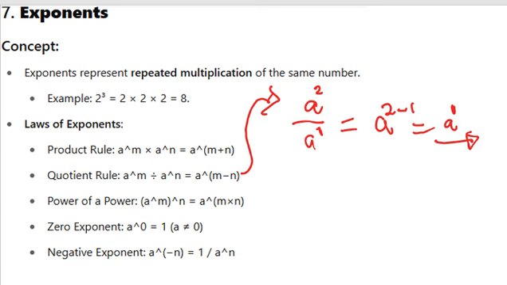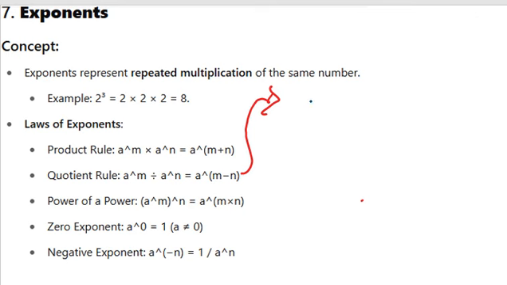Okay, now what if you are given another scenario which is a bit more complex than the one we discussed? Let's say you're given x y to the power of 3 divided by y. So what do we do?